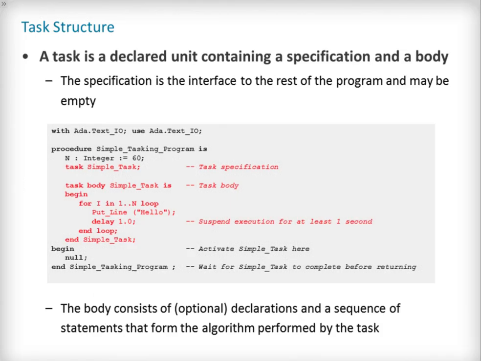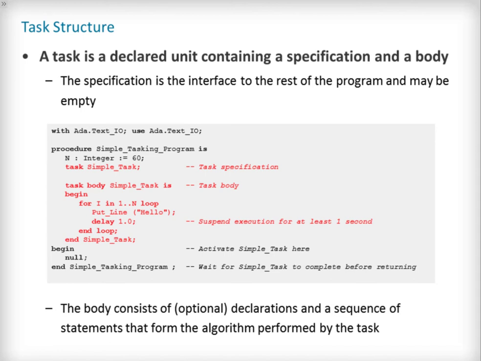Let's have a closer look at the structure of a task. First, a task in Ada is a construct that is declared, and in that sense is syntactically like other program units such as subprograms and packages. A task always consists of a specification, which may be empty as it is here, and a body.